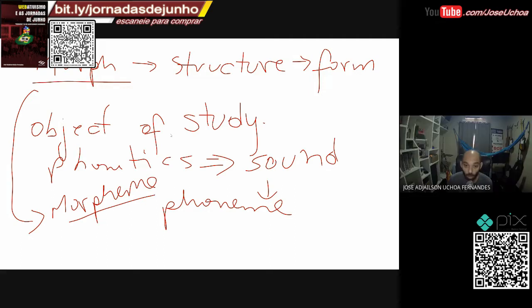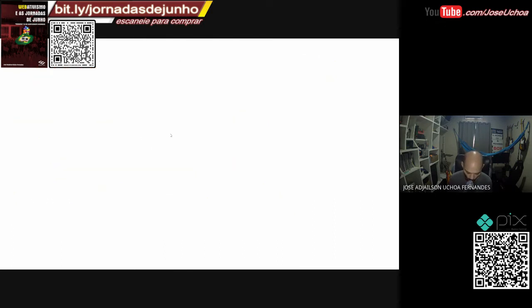Okay, so if we are going to study an object, we must be able to describe this object. And we must be aware not to make confusion between this object and what it looks like. What do I mean by that? We are going to study the morpheme.